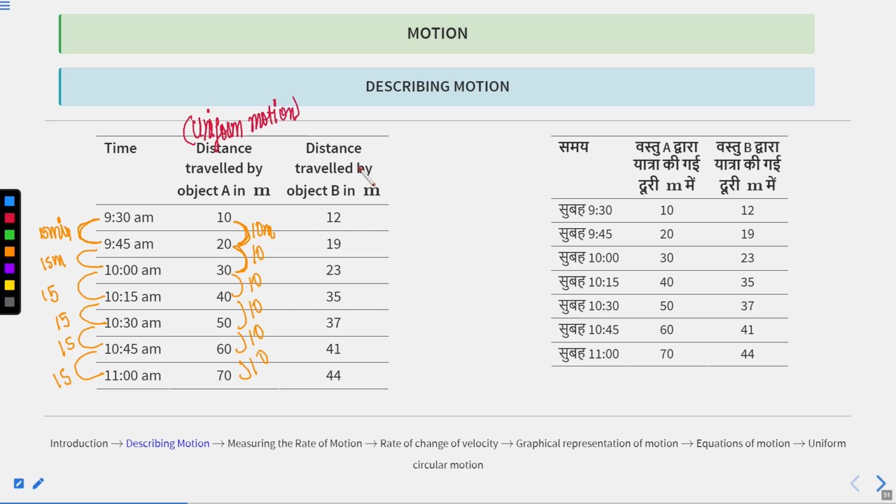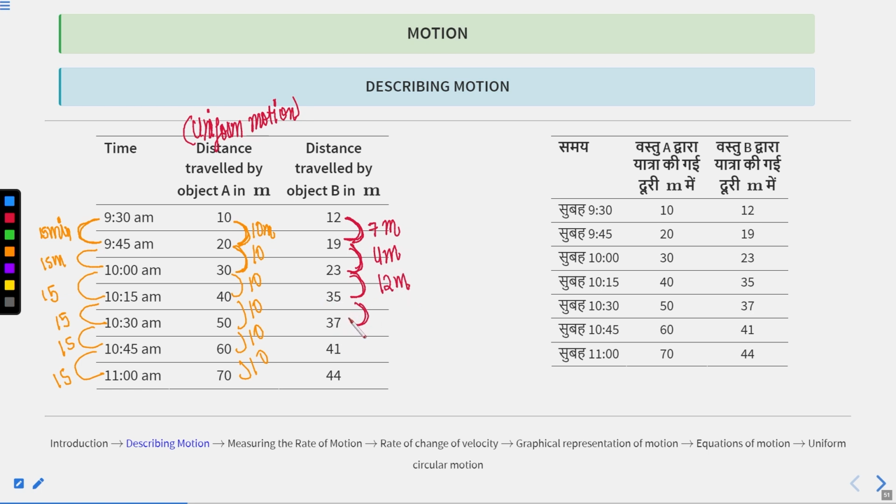Now let's talk about object B. Object B at 9:30 a.m. has already covered 12 meters. At 9:45 a.m., after 15 minutes, object B has covered 7 meters. Then it has covered 4 meters. After that it has sped up and covered 12 meters. Okay, we are subtracting.